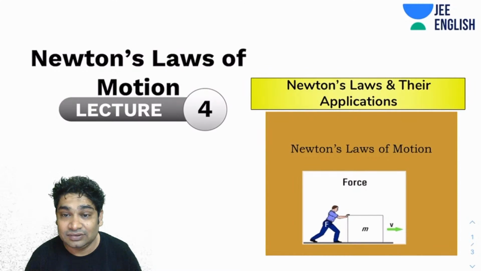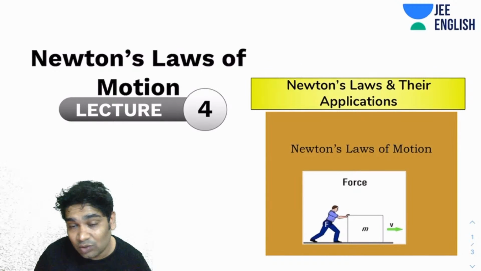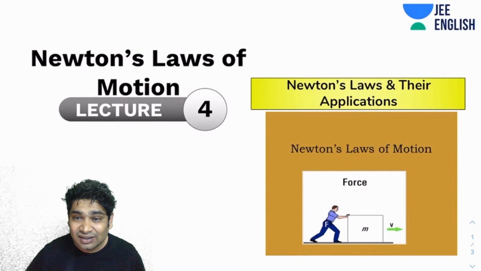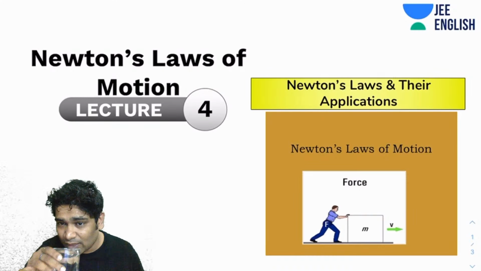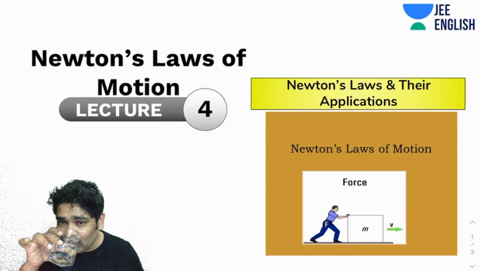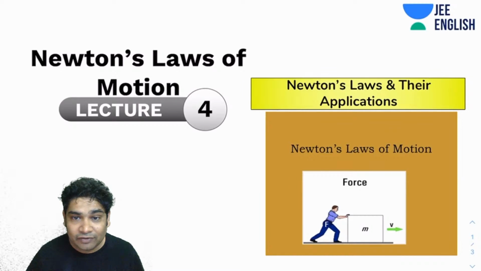If velocity is downward and g is also downward, then speed upward. And if velocity is upward and g downward. Good afternoon, Sabrish.